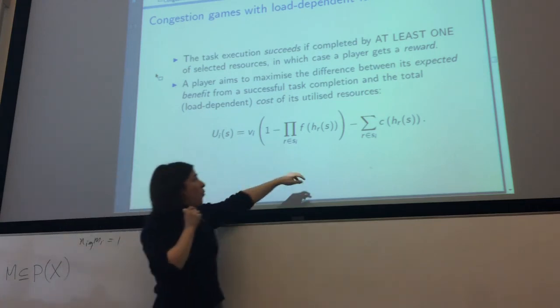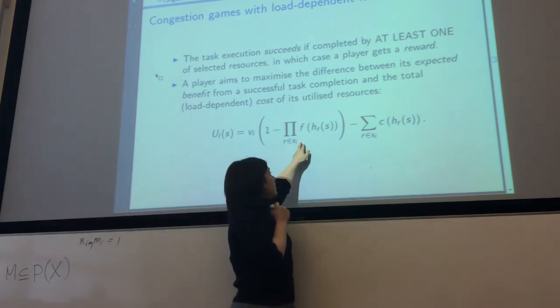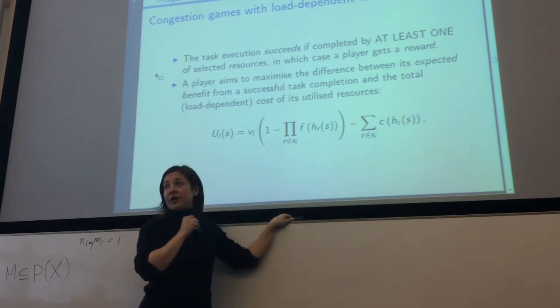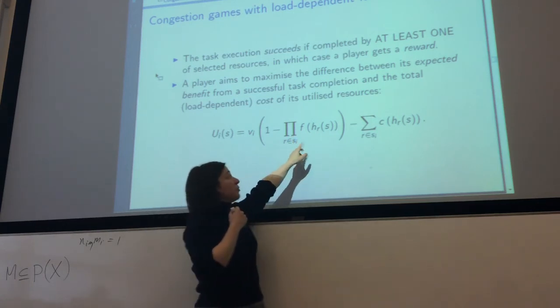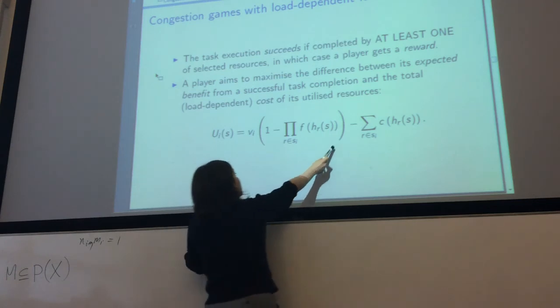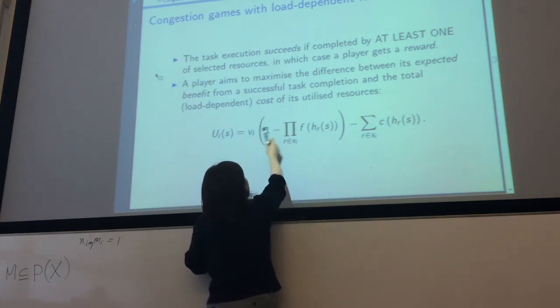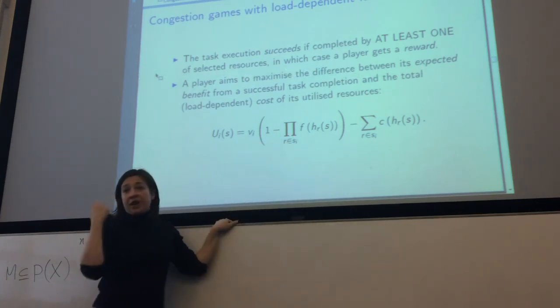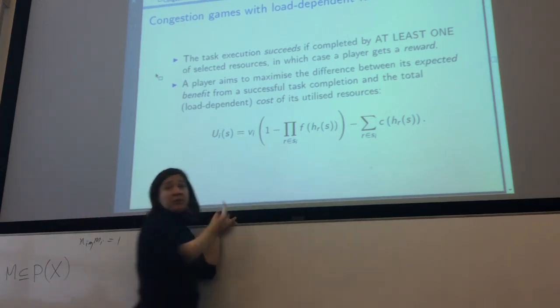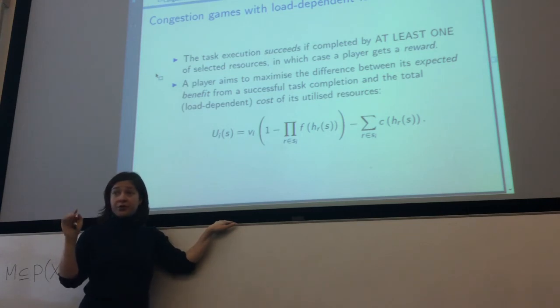Now, first of all, yes, it is realistic that the failure function depends on the congestion. But also, if failure probabilities were constant, not congestion dependent, then this part would not depend on the strategies of other agents. This is a constant, a given parameter; it does not depend on what the others do.